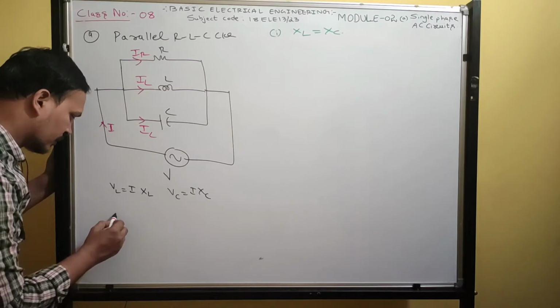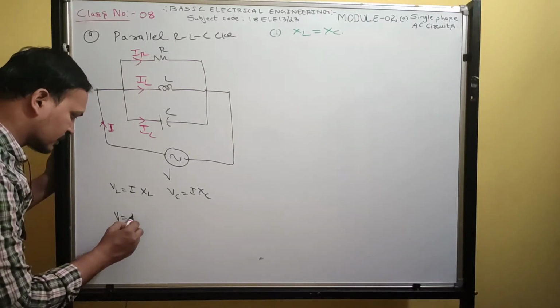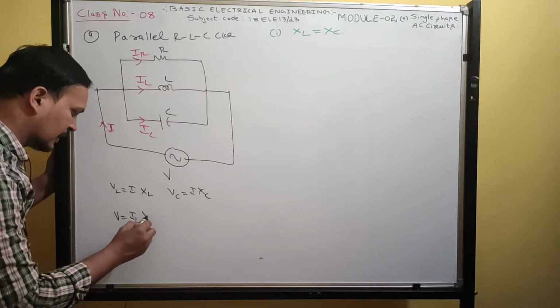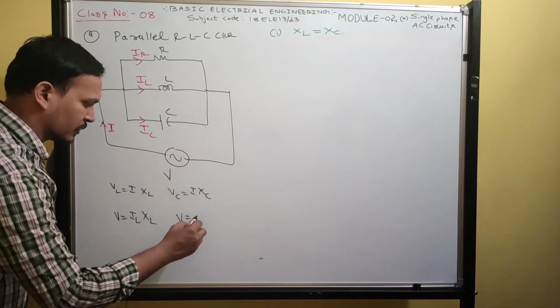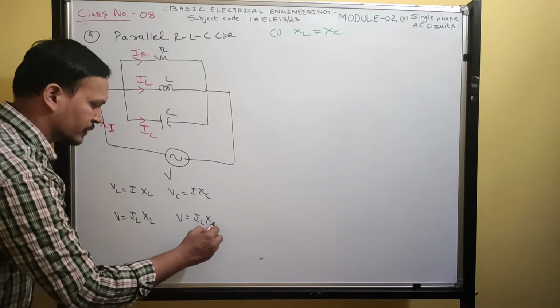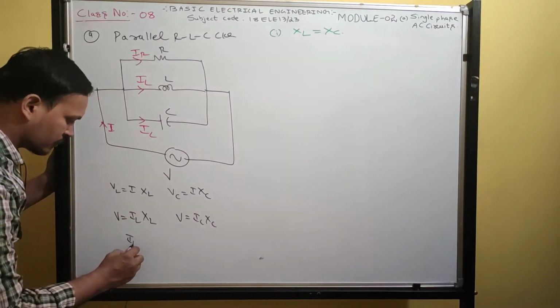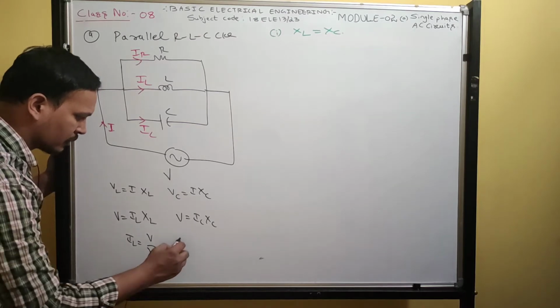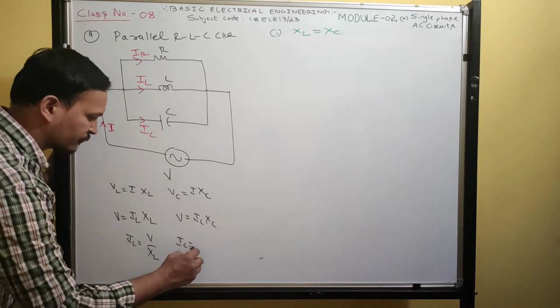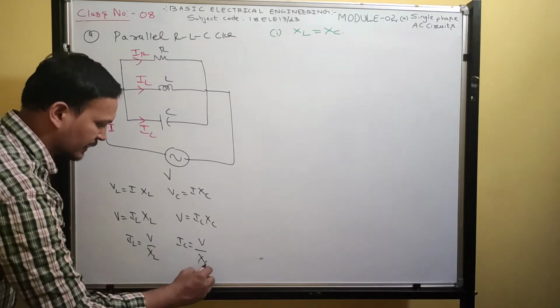Voltage is constant for a parallel circuit. So from IL into XL, I get IL equals V by XL, and IC equals V divided by XC.